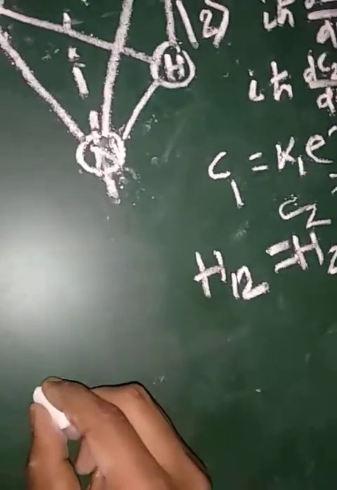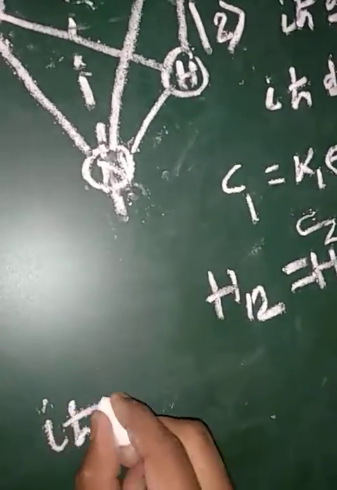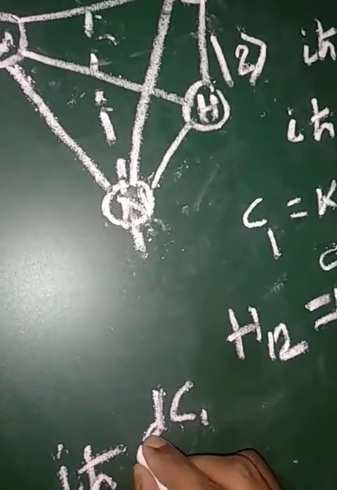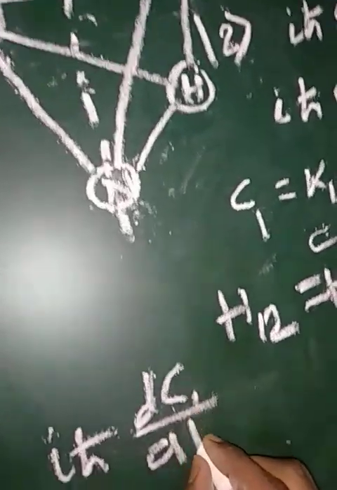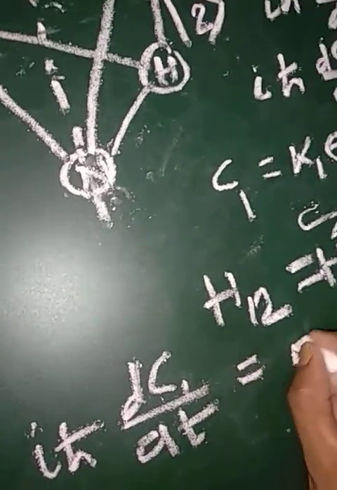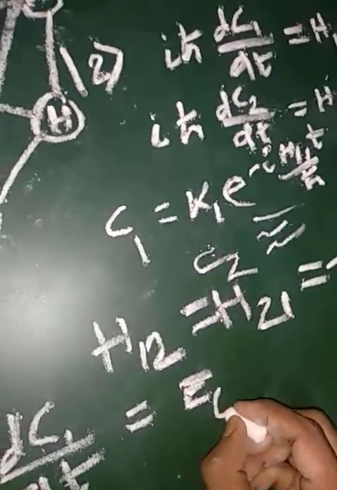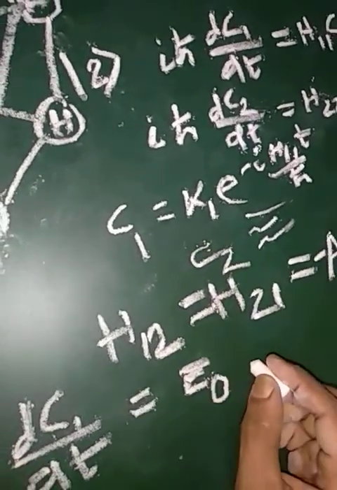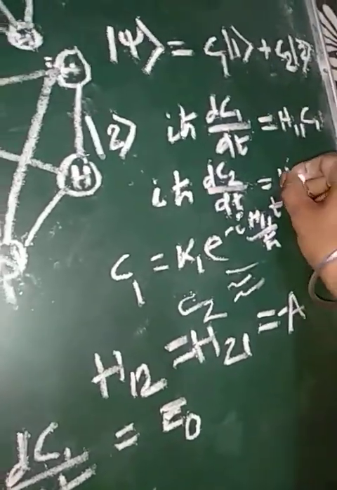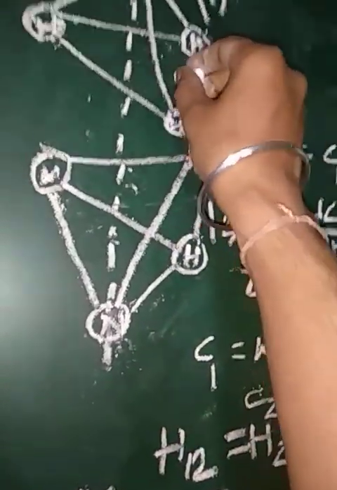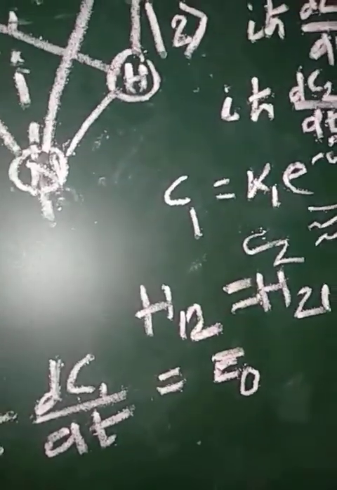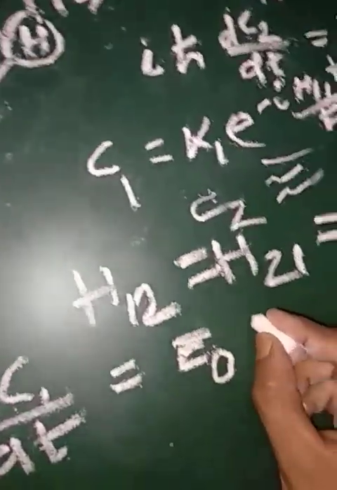So the equation stands: i h cut dC1/dt is equal to E naught. E naught is something which we have taken to be H11, and H11 is equal to H22 by symmetry. Then E naught C1.